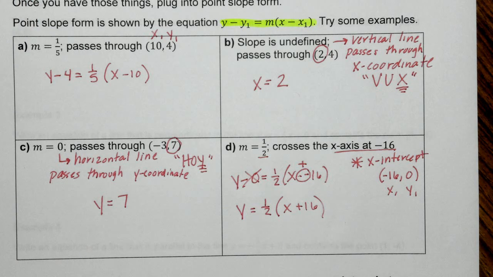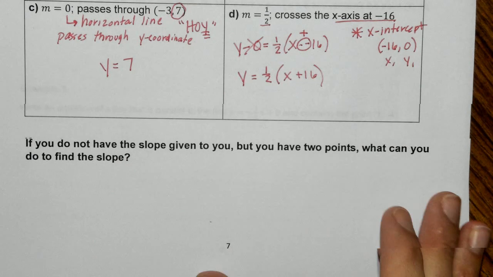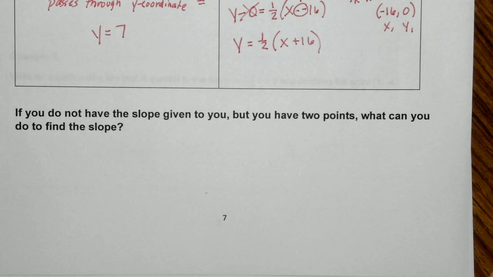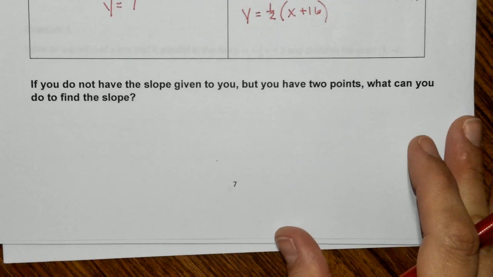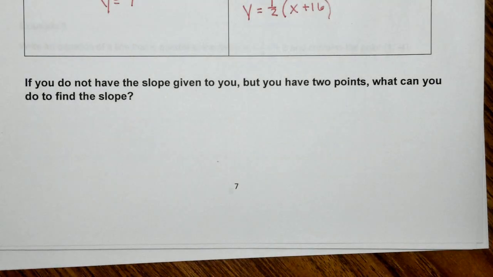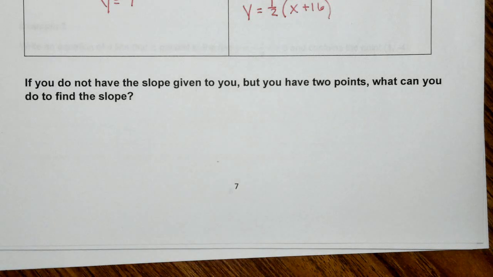Now the question comes up on this next, at the very bottom, it says, okay, cool, so we get a slope and we get a point, or we use x-intercept, y-intercept, and we can figure out what the equation is. What happens if we do not have the slope? If you do not have the slope given to you, but you have 2 points, what can you do to find the slope?